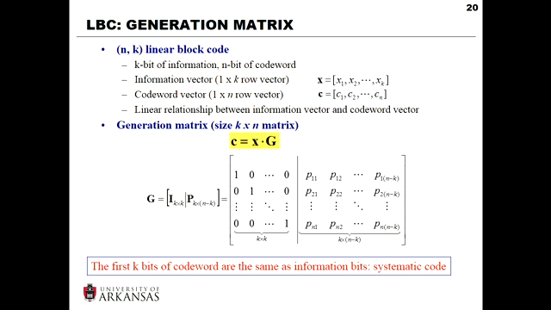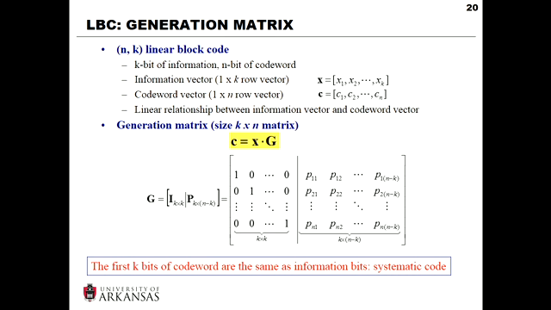The general structure of a generation matrix can be written as two block matrices side by side. We have a K by K identity matrix, and then a K by N minus K parity matrix. If the generation matrix is written in this form, then the first K bits of the code word are always exactly the same as the information bits. And this is called a systematic code.